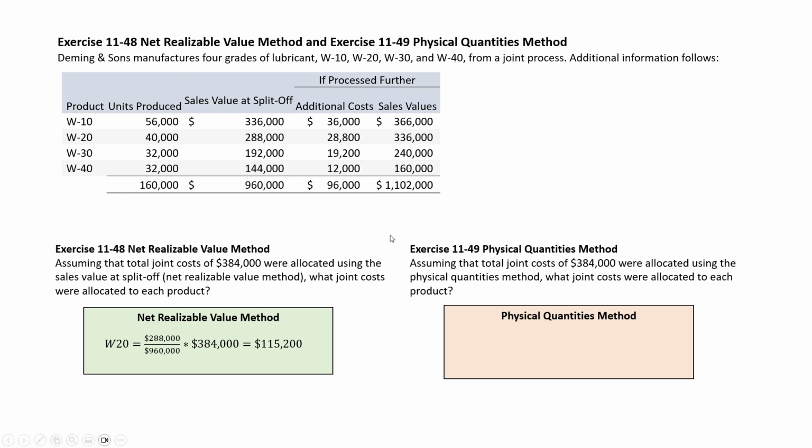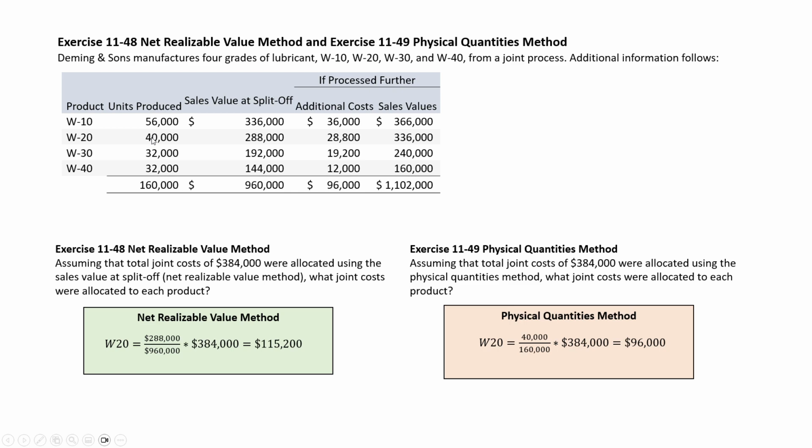Another equally acceptable way to allocate the joint cost is the physical quantities method. Like the name says, it's purely based upon the amount of production or some type of quantity. So for product W20, we're going to measure physical quantity based upon the number of units produced.